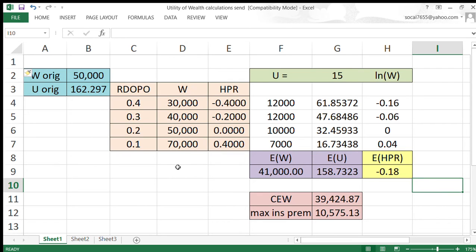And one thing to recognize is that the distribution that applies to HPRs, to holding period returns, is not a normal distribution. And it's very important to understand why it's not a normal distribution.